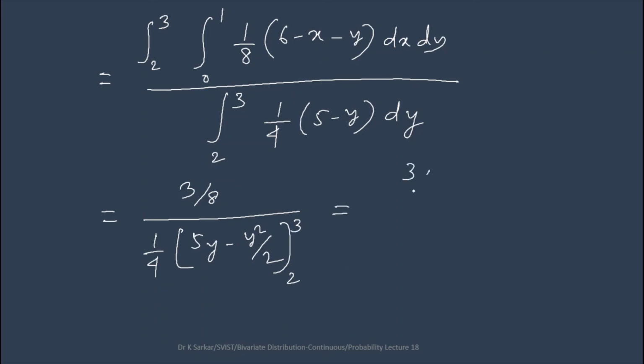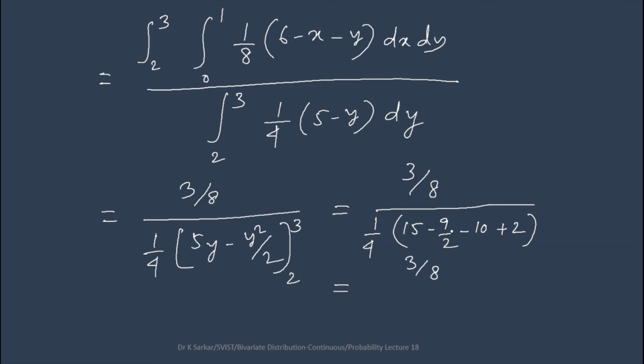So it is 3 by 8 divided by 1 by 4 times (15 minus 9 by 2 minus 10 plus 2). 15 minus 10 is 5, 5 plus 2 is 7, 7 minus 9 by 2 is 14 minus 9 by 2, that is 5 by 2. And 4 into 2 is 8. So 5 by 8, and the answer is 3 by 5.